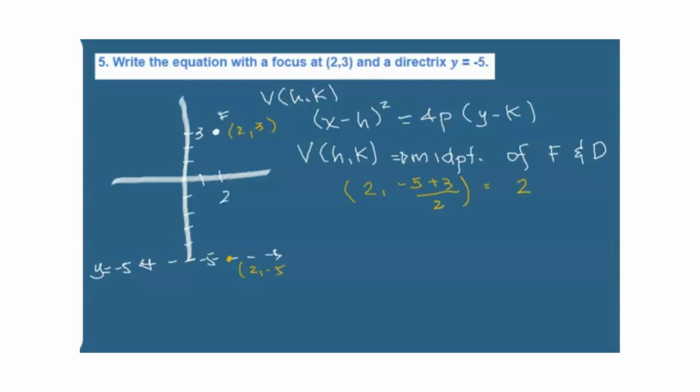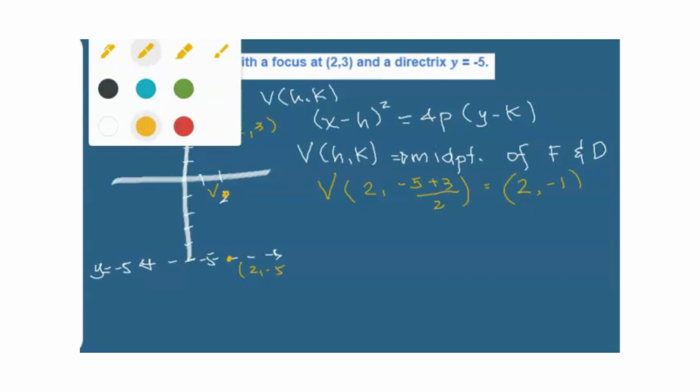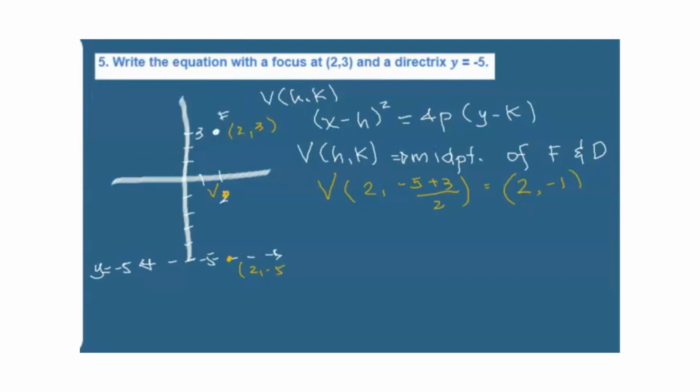So that's (2, -1). So that's the vertex, (2, -1). If we're going to graph this, it's going to be opening upward.